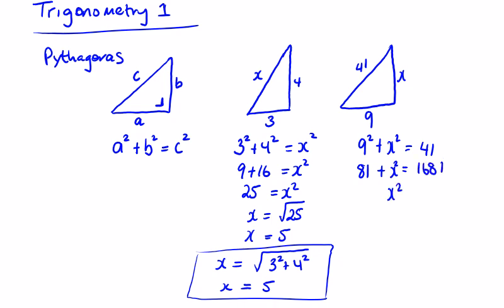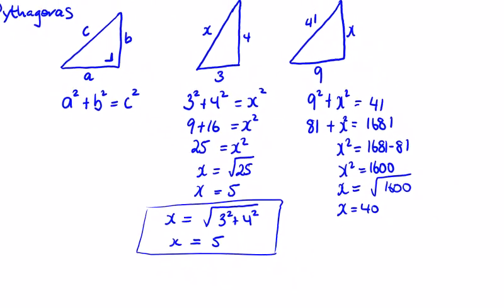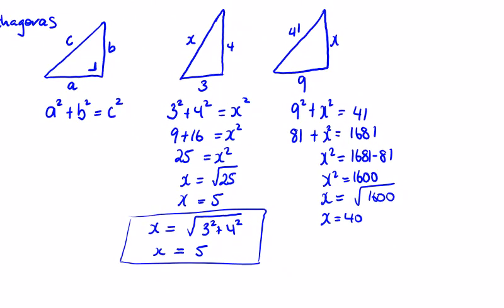So now I need to bring the 81 across, and I'm going to have 1681 minus 81. So x squared is 1600. So x is equal to the square root of 1600, which is 40.